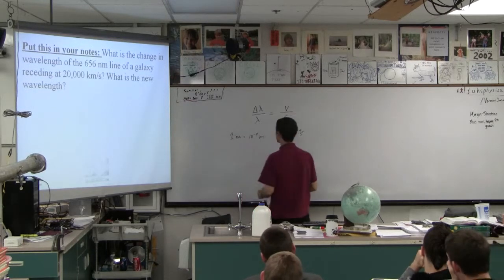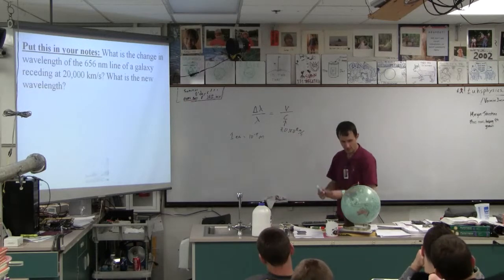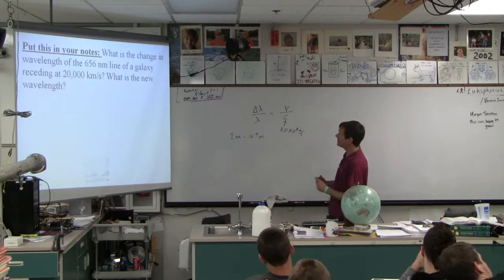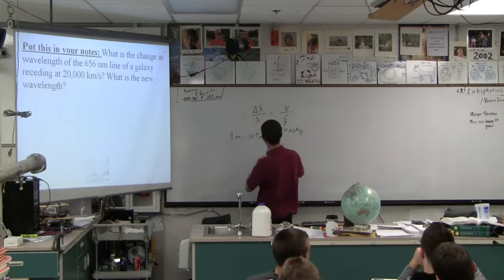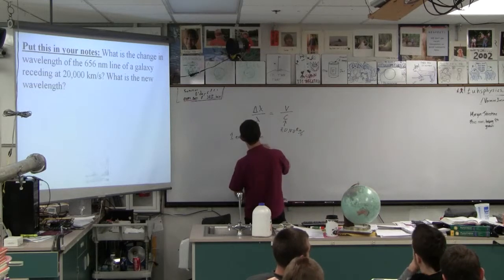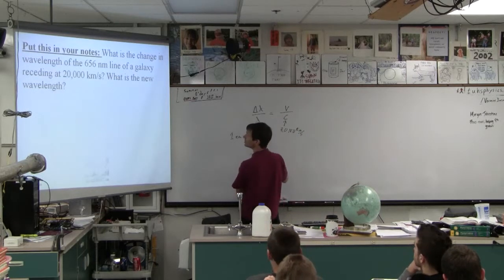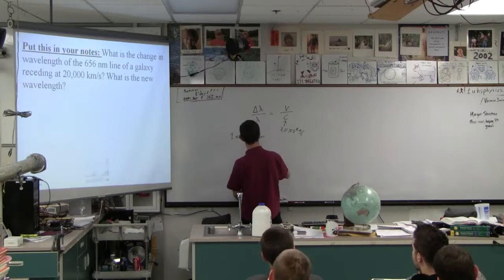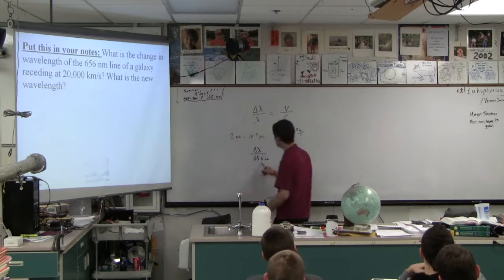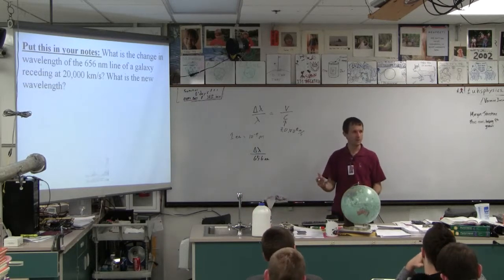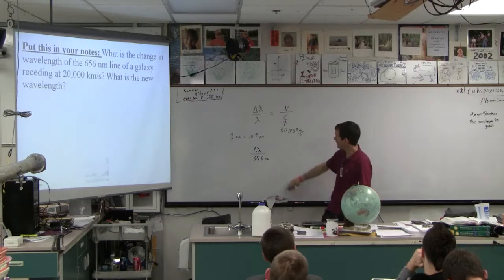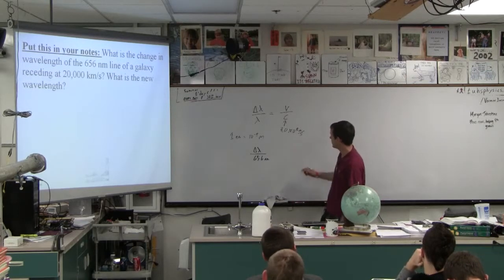Yeah? Okay, so let's calculate this guy here. The change, we want to find the change in wavelength, right? So the change in wavelength is to 656 nanometers. And I'm not going to put it into meters, you don't have to. This is just a ratio thing. Our answer will be in nanometers. And that's what we want.